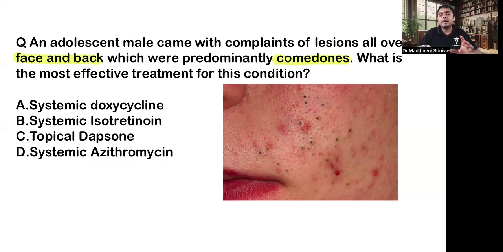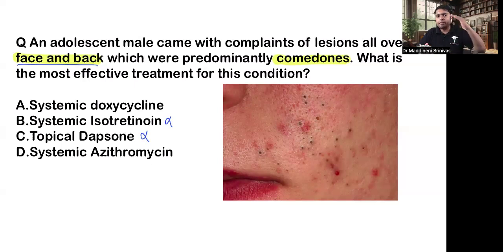So here we can try to rule out the options and come to a diagnosis. Because the lesions are present over face and back, topical treatment might not be feasible. And because nodulocystic acne is not mentioned in the question, systemic isotretinoin might not be a correct choice for the treatment in this condition.